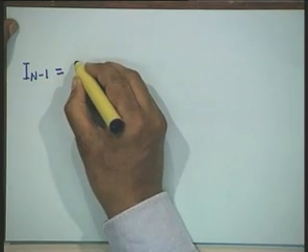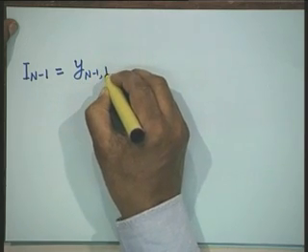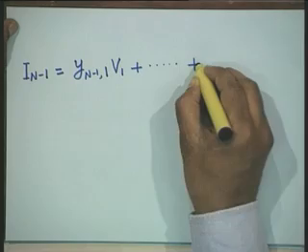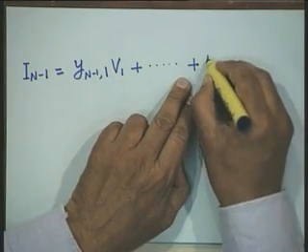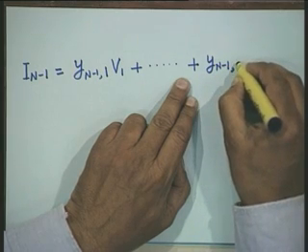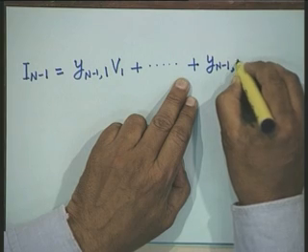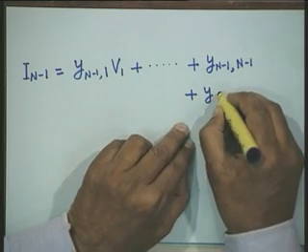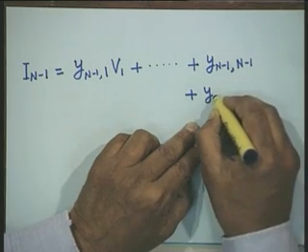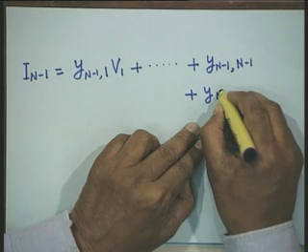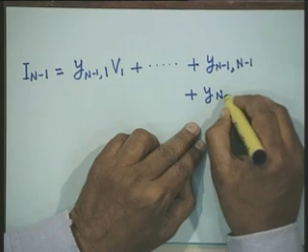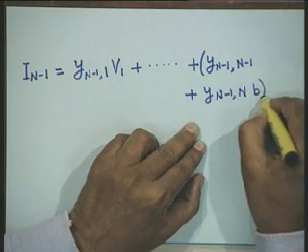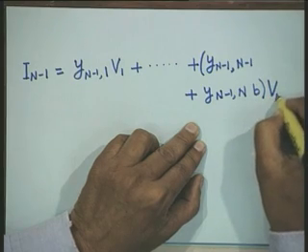This will be y n minus 1 1 V 1, plus, I am not adding these terms, let us write down the last term here: y n minus 1 n minus 1 plus y n minus 1 n into B, and this sum multiplied by V n minus 1. Okay.